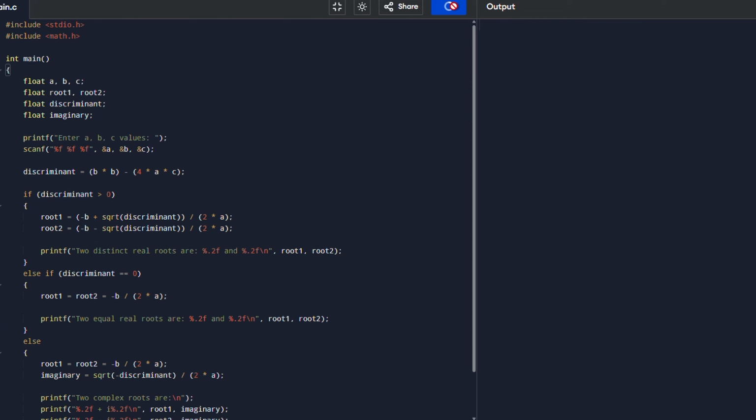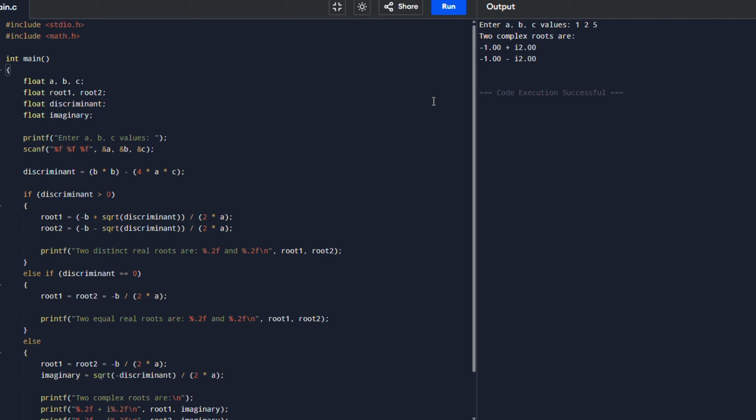Now let us run it again. Now let us enter the values 1, 2 and 5. So see here, the equation is x square plus 2x plus 5 equals 0. Discriminant has become minus 16, which is less than 0.